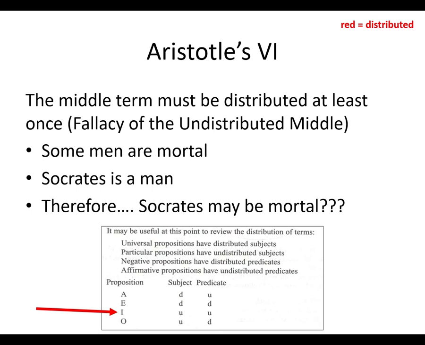If I say some men are mortal, then I'm neither claiming to know something about all men nor all mortal things. So I've not distributed anything, not my subject, not my predicate. So it's appropriate then that no term is distributed in the conclusion as well. In other words, no claim to know about the mortality of Socrates can be validly made in the conclusion.